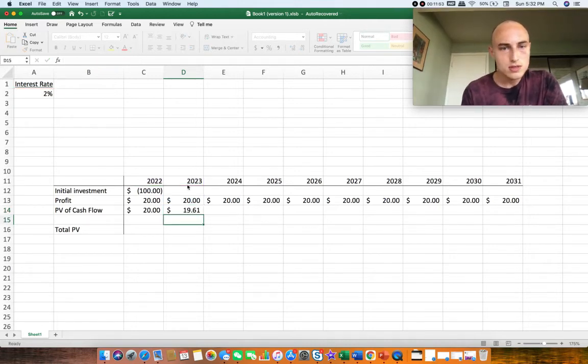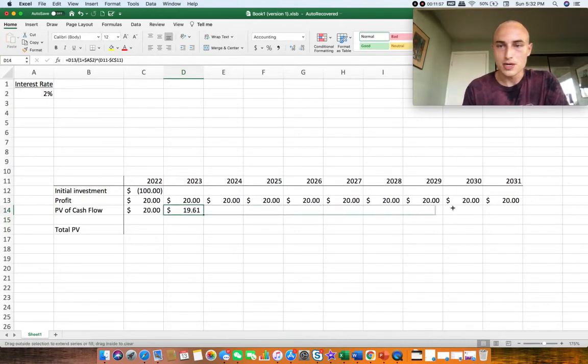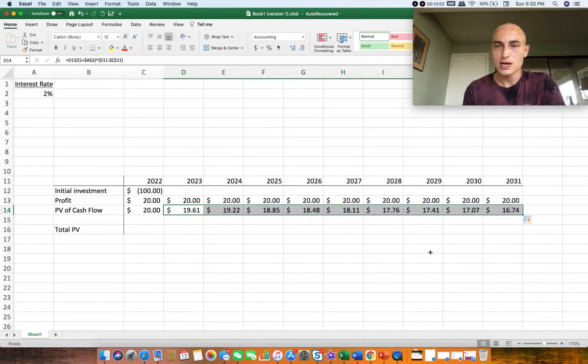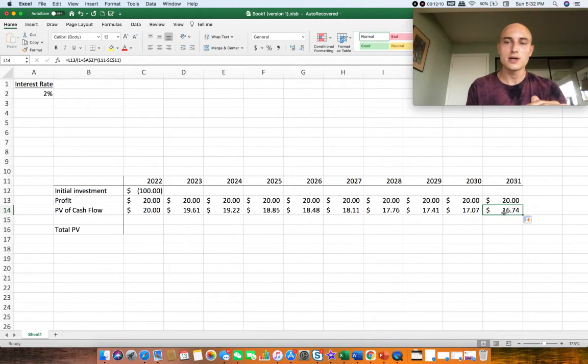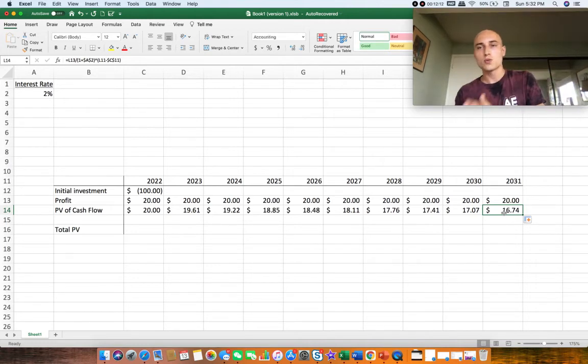So now we can see that. And now we're going to drag out our formula bar all the way throughout our timeline to get each year's profit in terms of current 2022 dollars, right? So you can see the farther out you go on the timeline, the longer you have to wait to get that profit, and therefore the more discounting that's happening.